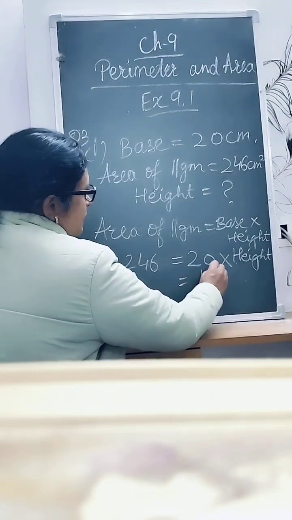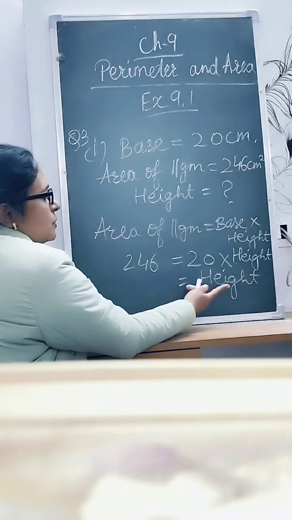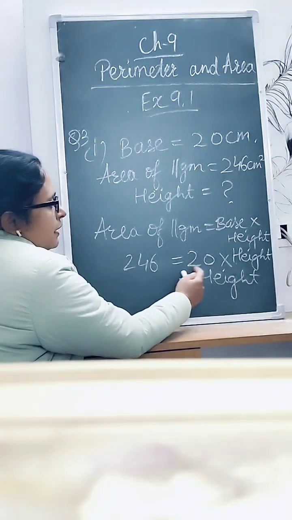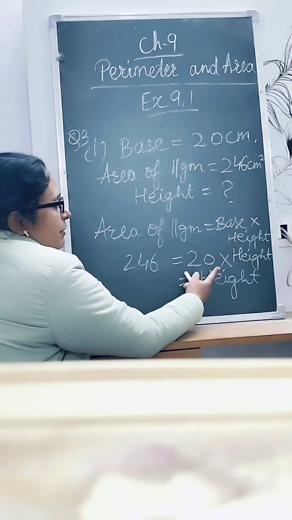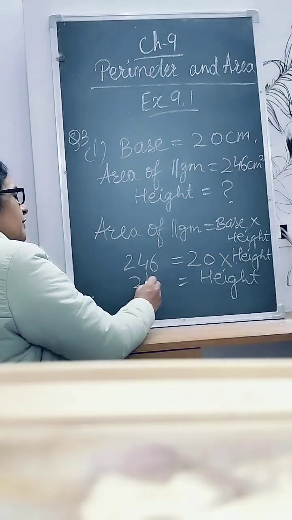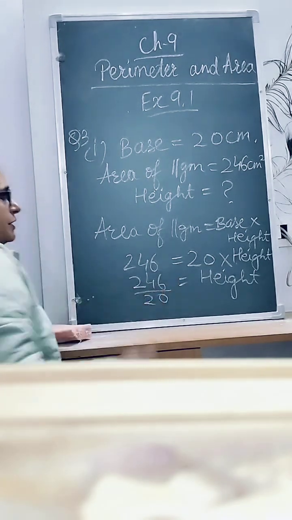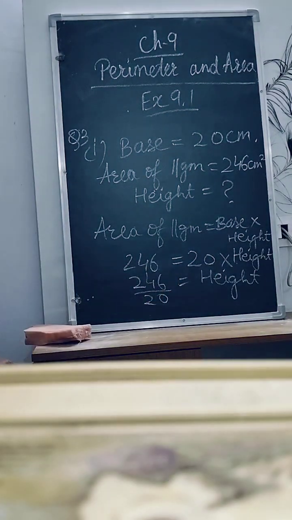So what is to be kept alone? Height, because we want to find it. So height is kept alone. Now here it is multiplication. When multiplication goes to the other side, it becomes division. Okay? Multiplication converts into division when it goes to the other side.